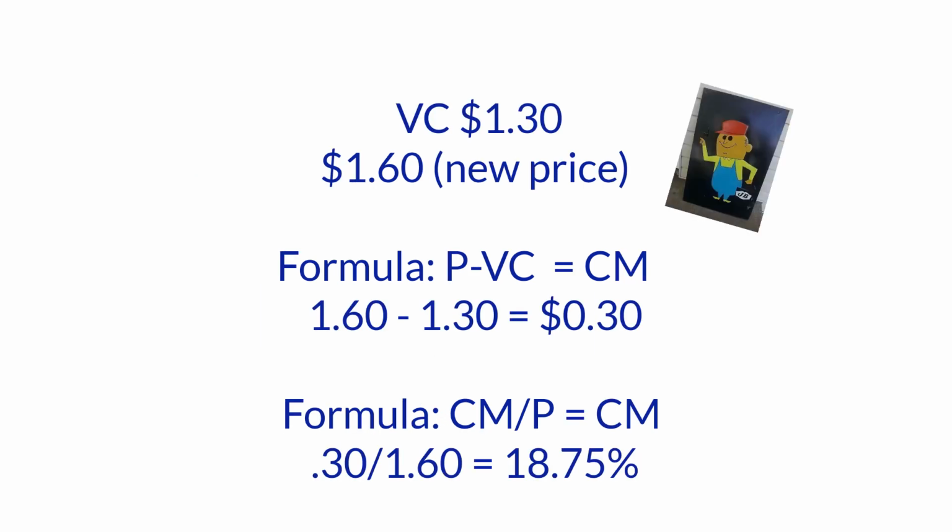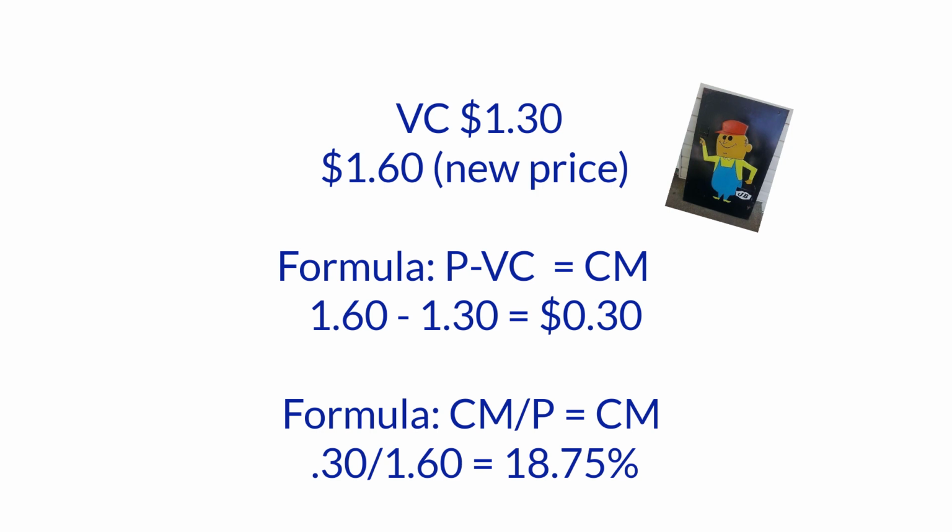Now let's find out what the new contribution margin would be, as well as the new contribution margin percentage. We'll take the new price of $1.60 and subtract the variable costs of $1.30. That leaves us now with a 30-cent contribution margin. Now to turn that into a percentage, we take the contribution margin and divide by the price.